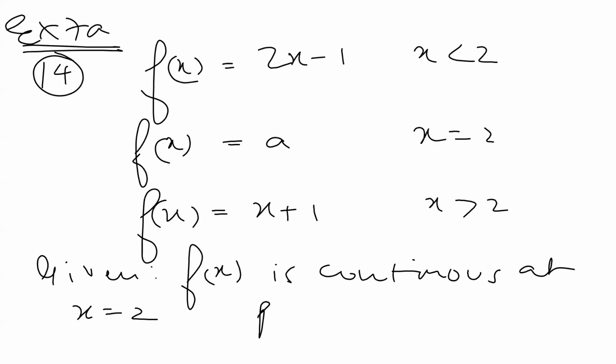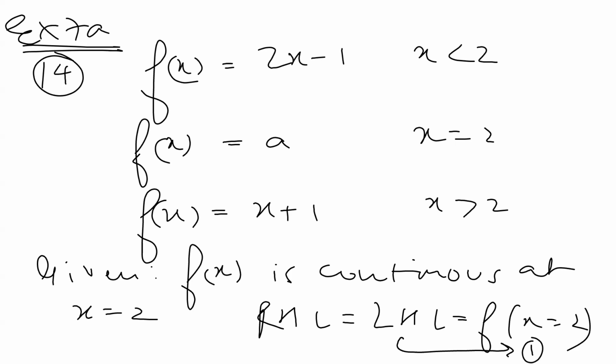Okay, so right hand side limit. What I'll do is, since it is given it is continuous, I'll equate all three: RHL equal to LHL equal to f of x at x equal to 2.